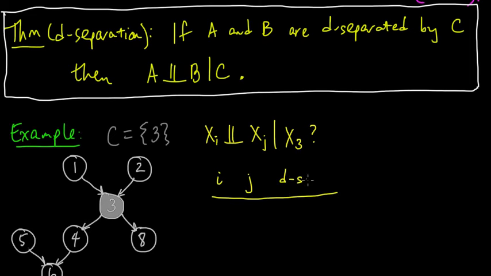We'll have i and j, and we'll determine whether i and j are D-separated. If we can determine that they're D-separated, then we can say yes, xi and xj are conditionally independent given x3. If we determine that they're not D-separated, then we don't know. So, how do we determine if they're D-separated?